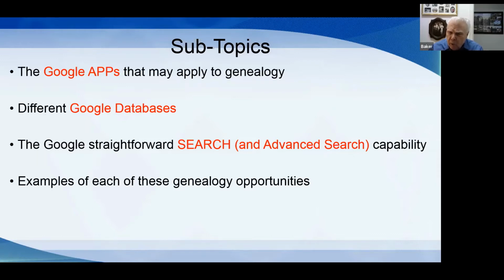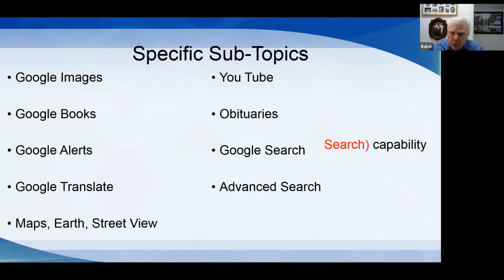There is their straightforward search option where we search anything. And then there's an advanced search that will really stand out as well when we talk about genealogy situations. So here are a number of different applications within Google, and we're going to talk about each one of those and how Google can help us with each of those things.